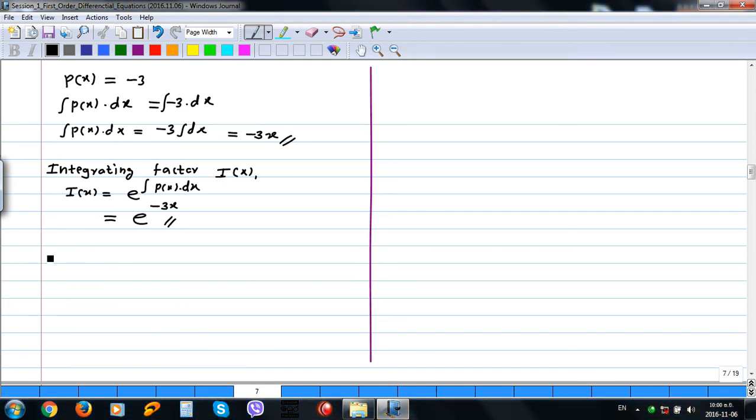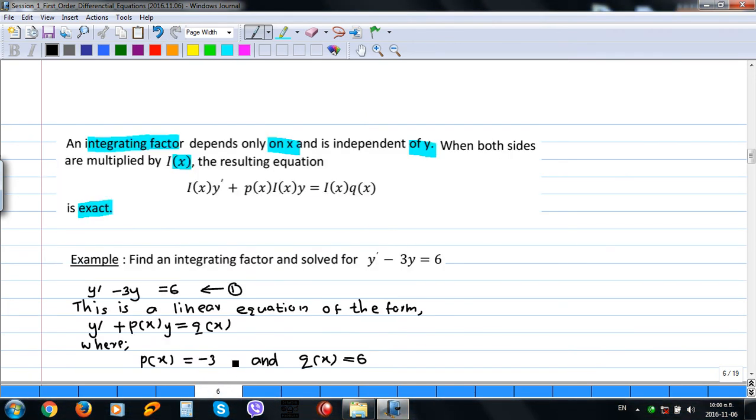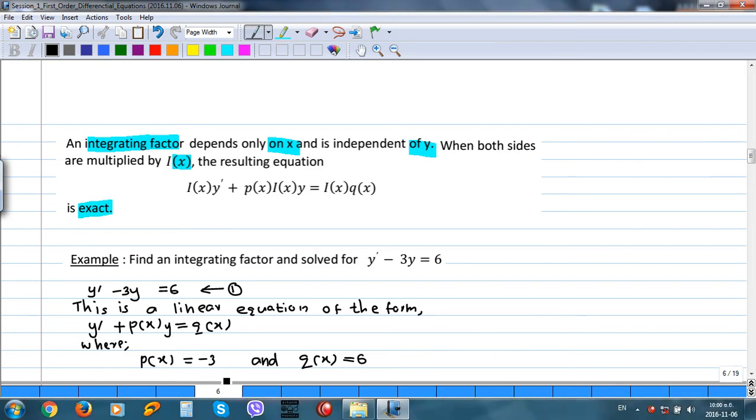Then this is equation 1, y dash minus 3y equals 6.